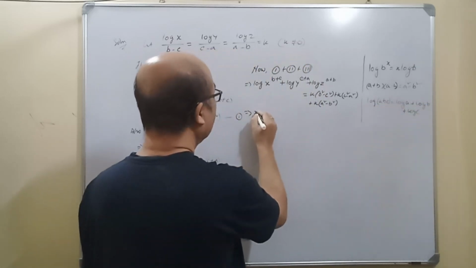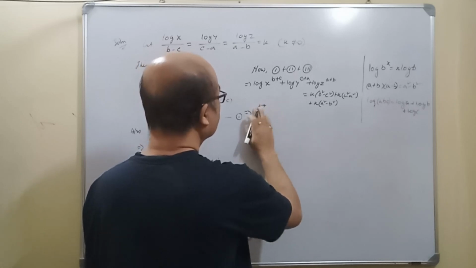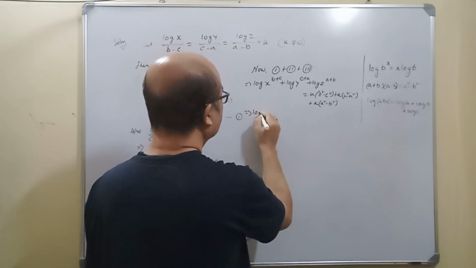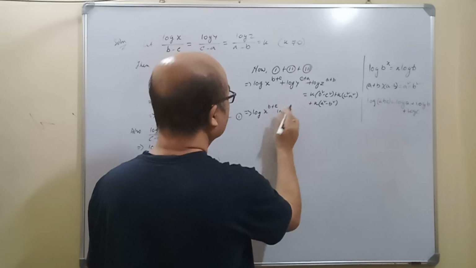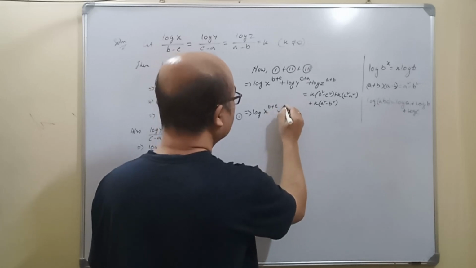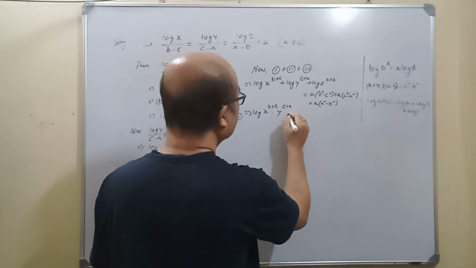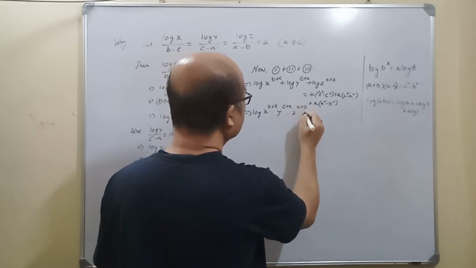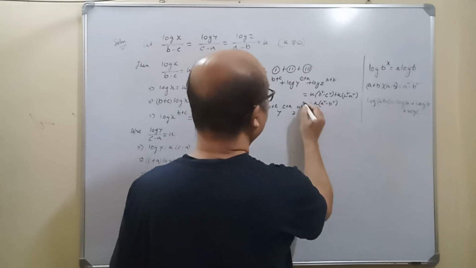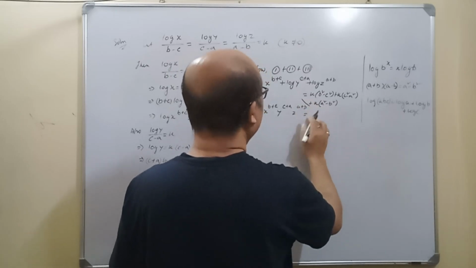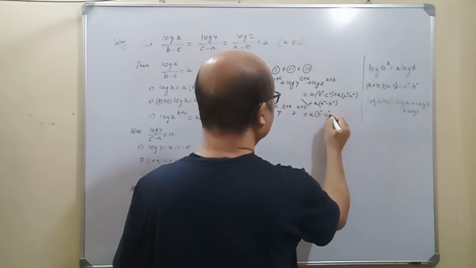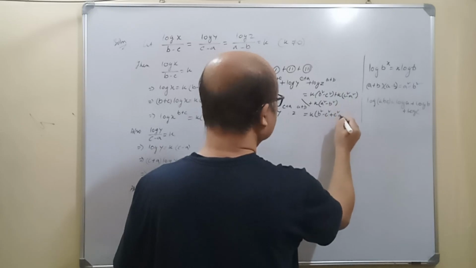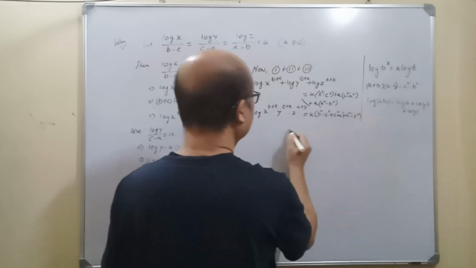So this is equal to log of x to the power b plus c, y to the power c plus a, z to the power a plus b is equal to k into b square minus c square plus c square minus a square plus a square minus b square.